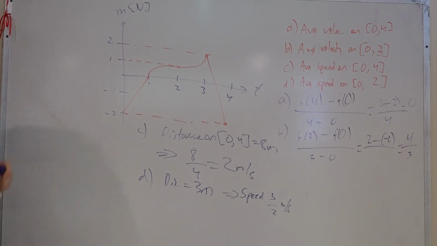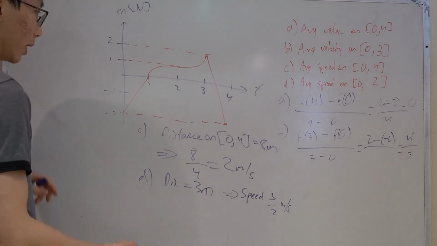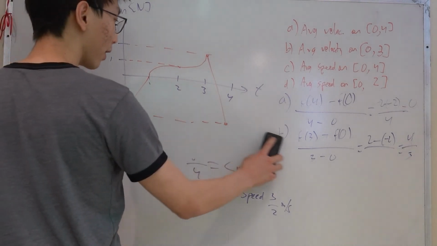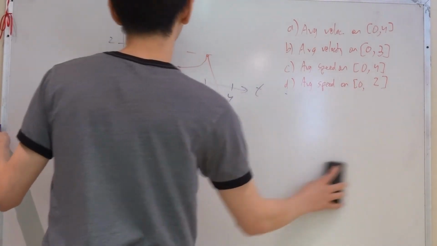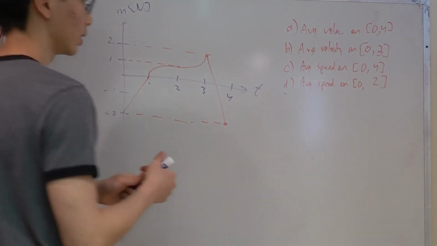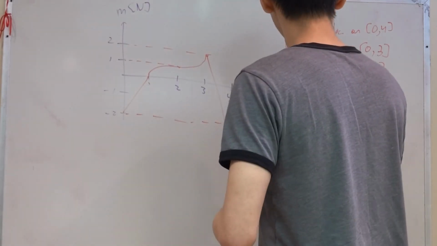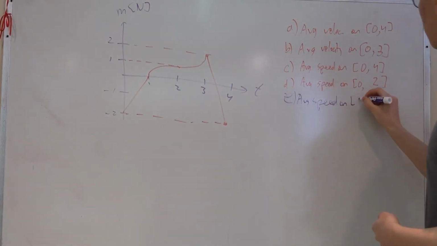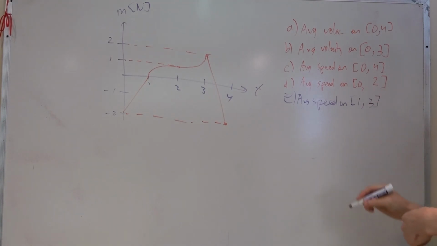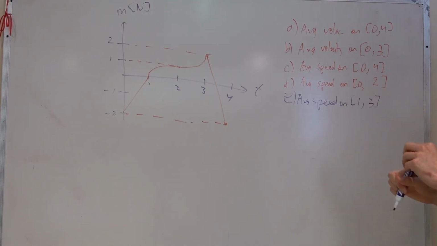Right. So because I haven't done one yet, let me just show you what it would look like if I changed one of those time intervals. Let's calculate now the average speed on the interval 1 to 3. Okay? Let's see.